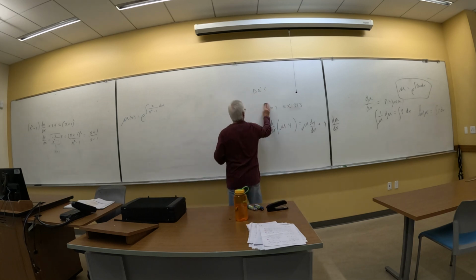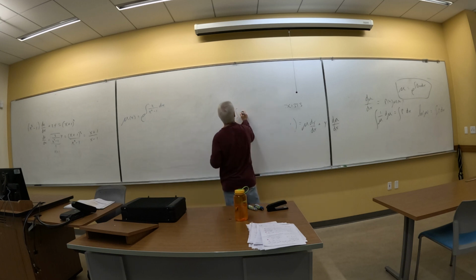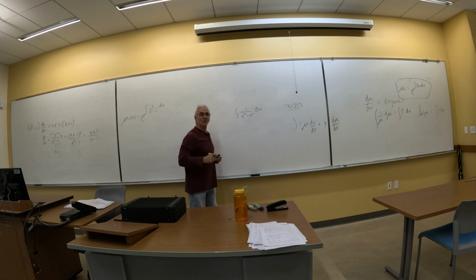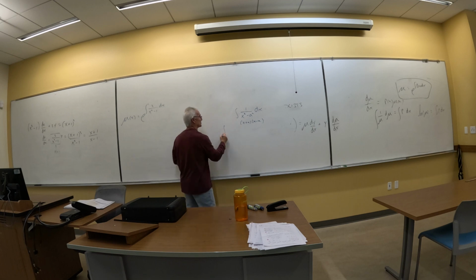You have a formula for things of this nature. I'll write it like this: 1 over x squared minus a squared. I don't know it off the top of my head, but this is going to be x plus a, x minus a.